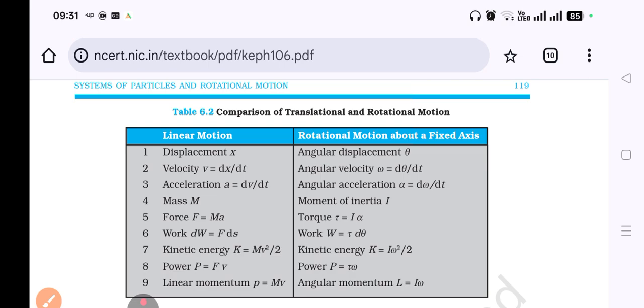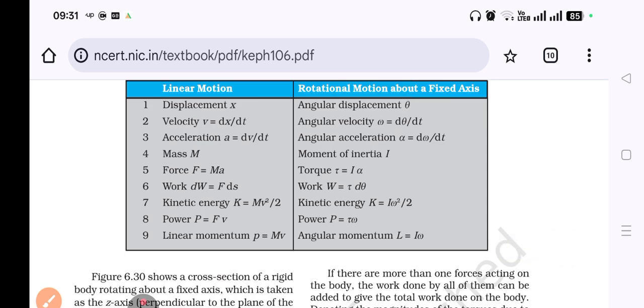In linear motion we have displacement, and in rotational motion we have angular displacement. Displacement is represented by x, and angular displacement by theta. It is the rotation, how much angle a body moves through when it rotates. Velocity: linear velocity v is equal to dx by dt.